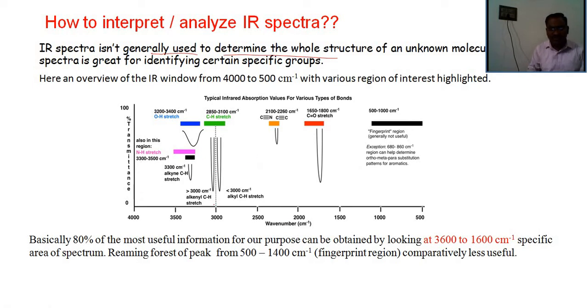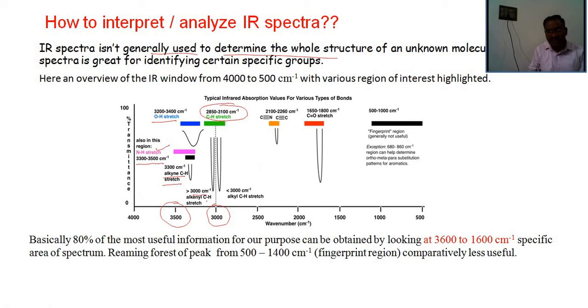In the region between 3500 and 3000, we get O-H stretching and all kinds of C-H stretching, and 3300 to 3500 is N-H stretching. From 2250 to 3100 is C-H stretching.